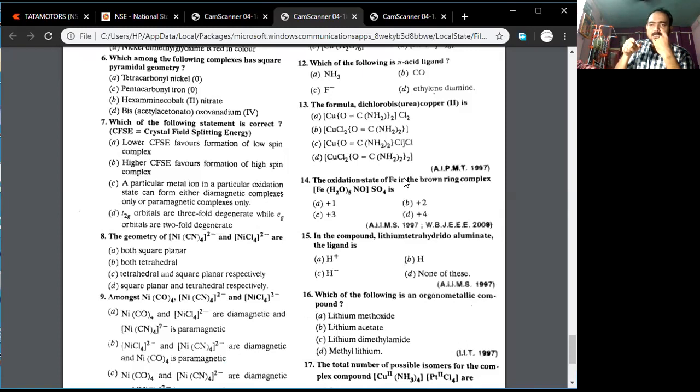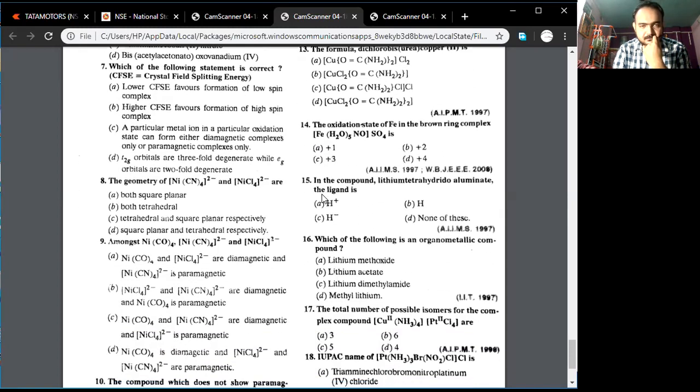Then you should add H2SO4 without disturbing the previous solution, and a brown colored ring will be produced at the junction of the two liquids. The IUPAC name is pentaaquanitrosyliron(I) sulfate. So iron(I) means iron has an oxidation number of +1 here.